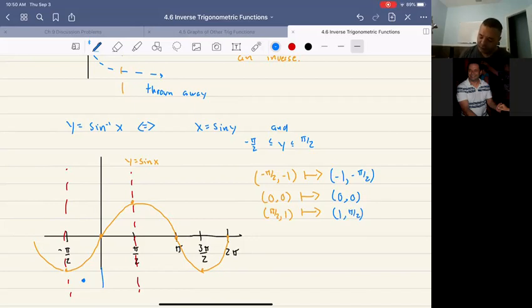So that'll go right about here, something like this. Let me make this blue a little thicker. That blue is what the inverse sine looks like.